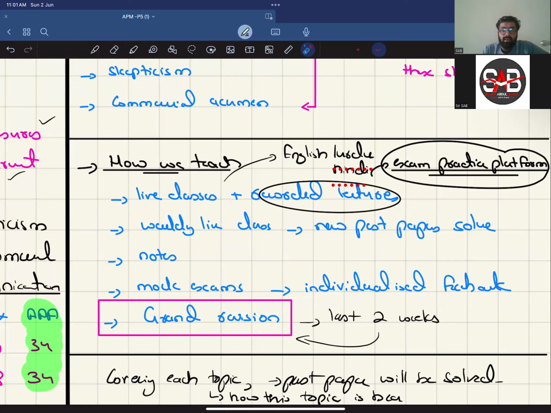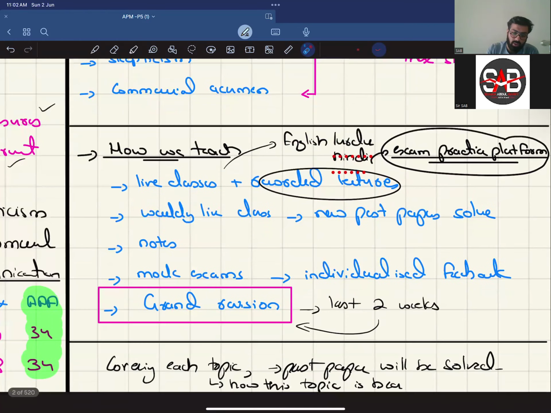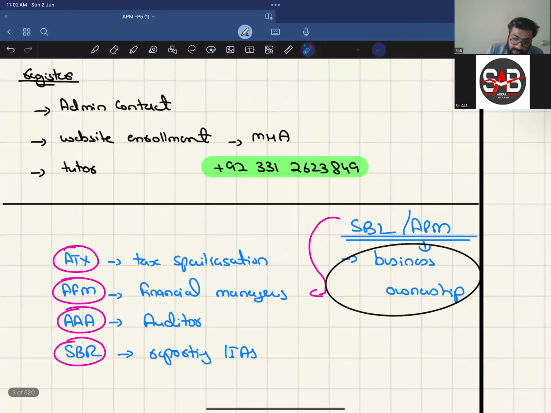Once we have covered all theory, we'll directly attempt the question papers or mock exams, so you have enough idea of how a complete paper should be solved.